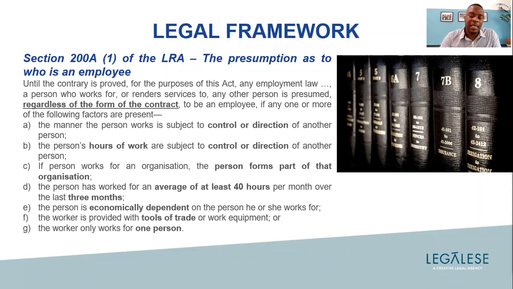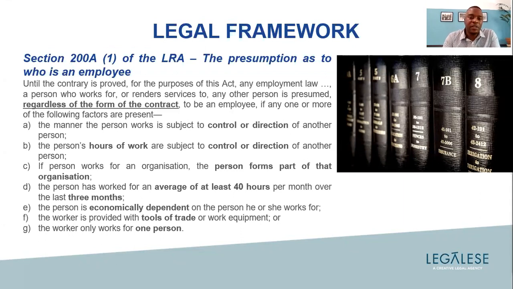But it is important, as I mentioned earlier, that this is a rebuttable presumption, which means that even if any one or more of these factors are proven by a person claiming to be an employee, the employer can then come through and say, be that as it may, I do have evidence to show that the person is actually not an employee. So that is where the rebuttable part comes in.